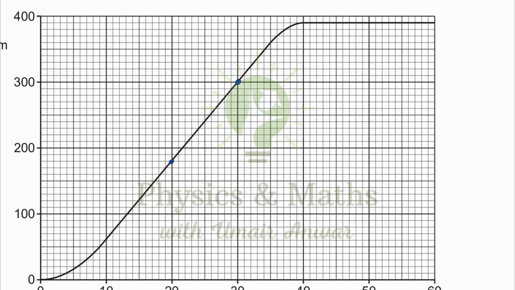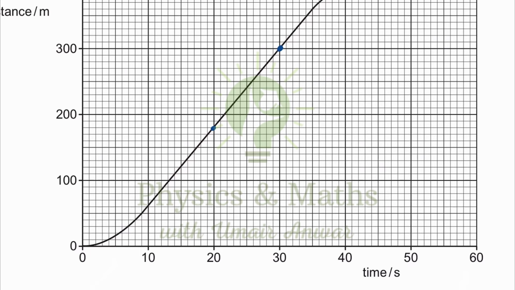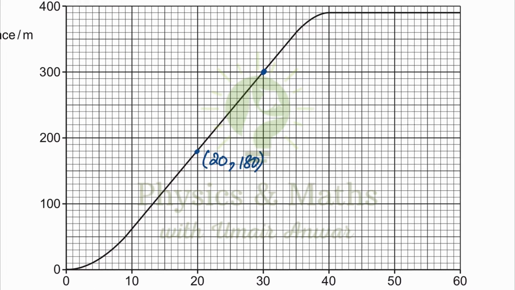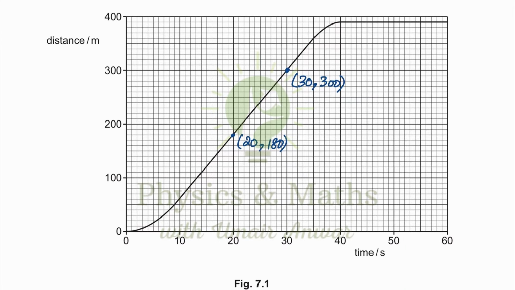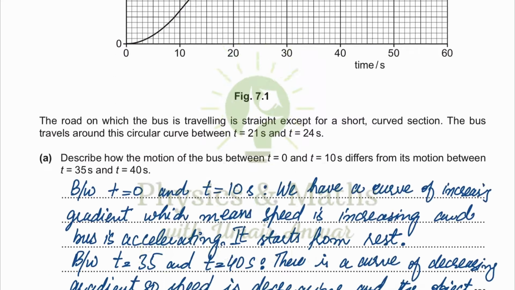For example, this point has an x coordinate of 20 and y coordinate of 180. Similarly, this point has an x coordinate of 30 and y coordinate of 300. So we could use these 2 points, find the gradient of this line, and that gradient would show us the maximum speed of this moving bus.